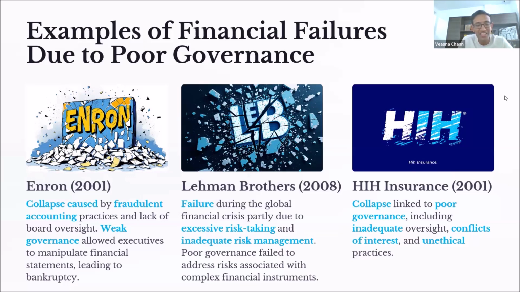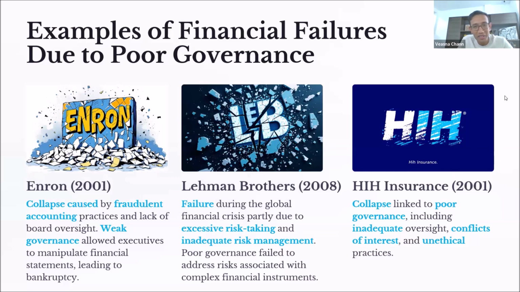It means that the function of internal auditors did not work well. They cannot identify risk. They cannot monitor whether the procedures and standards are performed well. That's why the executive management has the chance to manipulate the financial statements, which leads to bankruptcy.